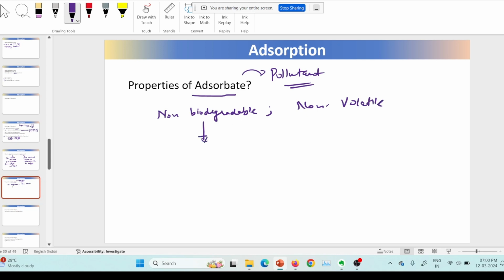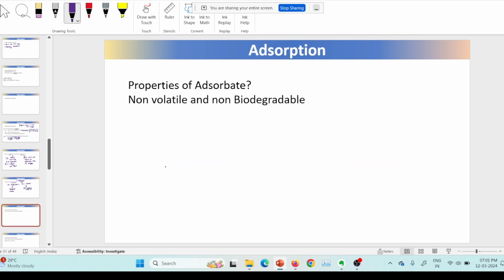Because if it is biodegradable, we can go for biological processes. And if it is volatile, we can go for air stripping. So the adsorbate should be non-volatile.